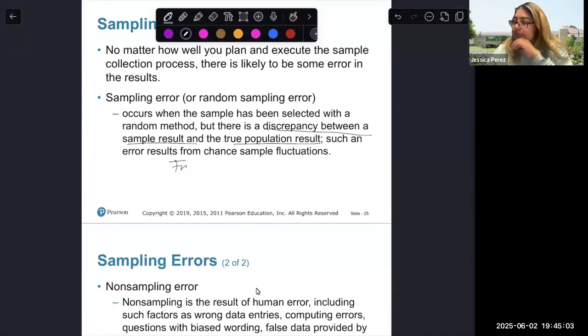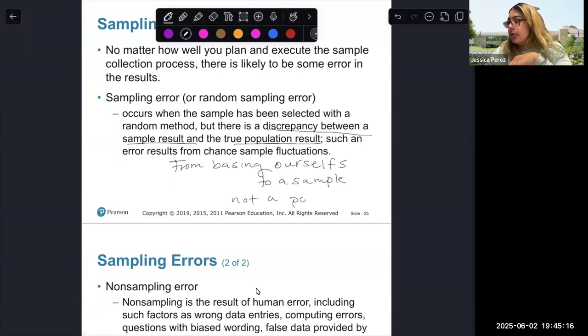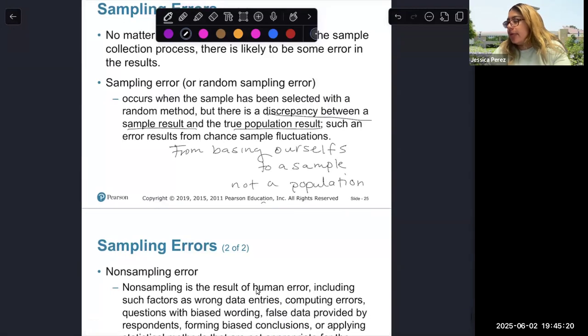So basing ourselves on a sample, not a population, can result in error. Right?